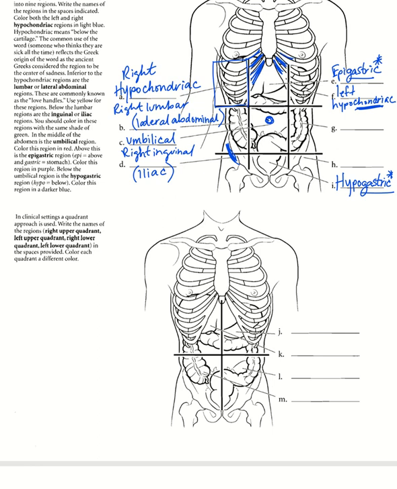Okay, so hypochondriac meaning below the cartilage. So the left below the cartilage section. You then have your left lumbar, or left abdominal. And then finally, our left inguinal. Or iliac.